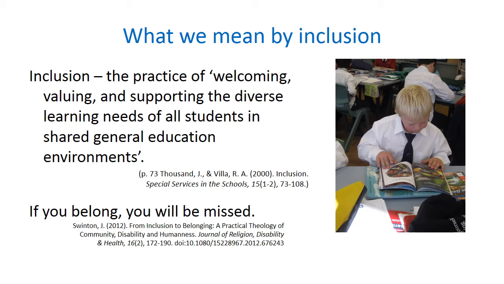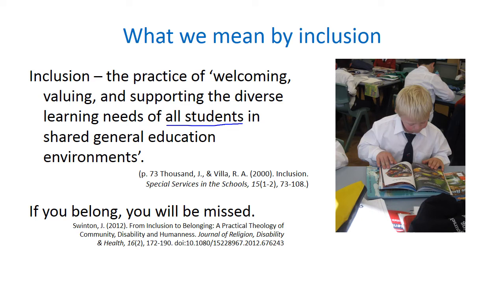It is important that we all get to be clear about what we mean by inclusion, because this is a word that has lots of different ideas around it. We want to be clear that in our course we're going to be talking about inclusion as we can see in the definition provided here by Thousand and Villa. I really like this one because it talks about supporting the learning needs of all students.